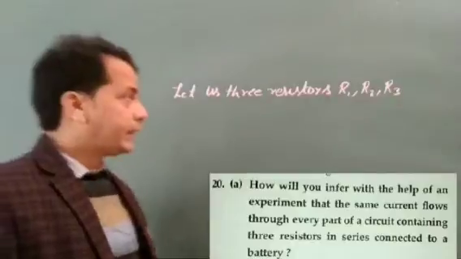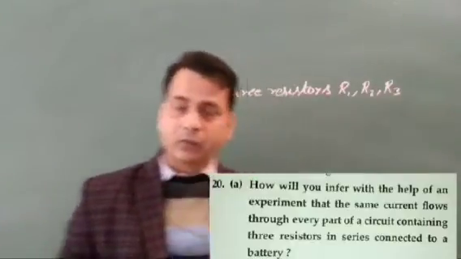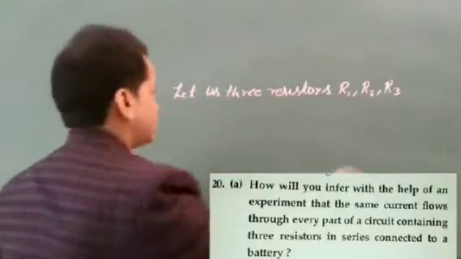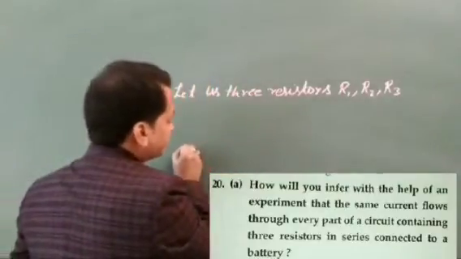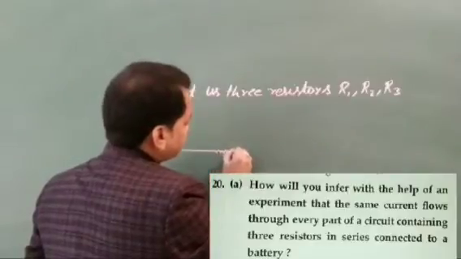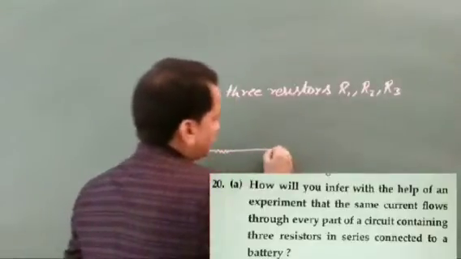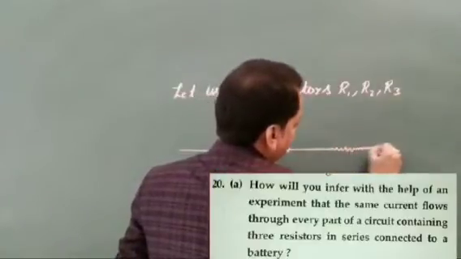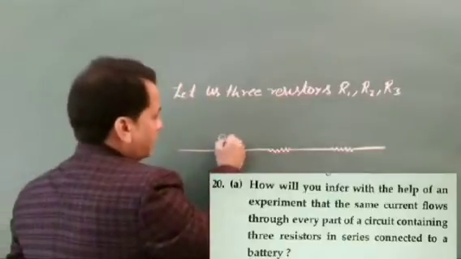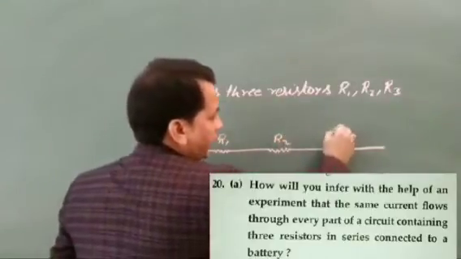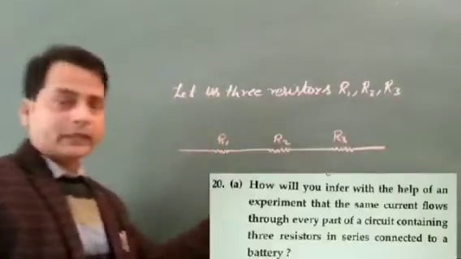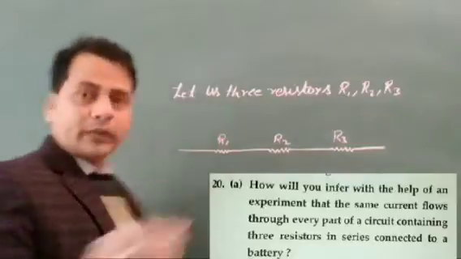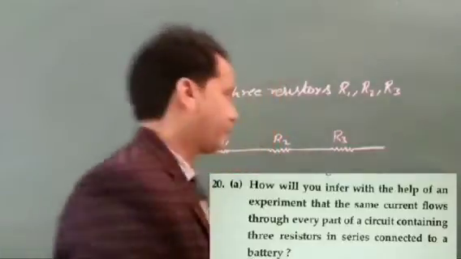R1, R2 and R3 are connected in series combination and also connected to a battery and ammeter. So in the circuit diagram, there are 3 resistors R1, R2 and R3 connected to it.